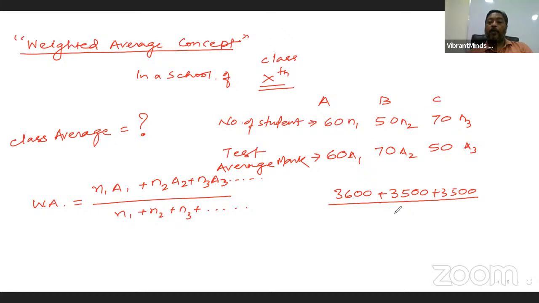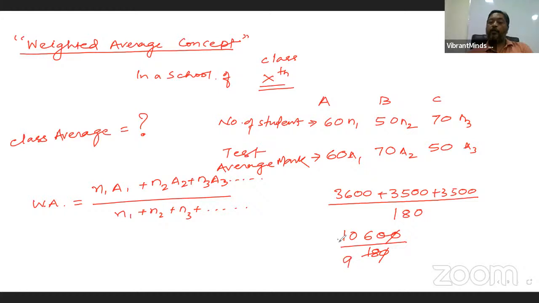So how many? 180. Now 3600, 3500, 7000, total 10,600. 10,600 divided by 180. So the zero cancels, go with 18.